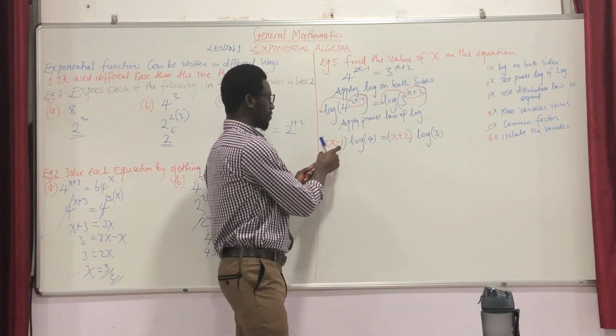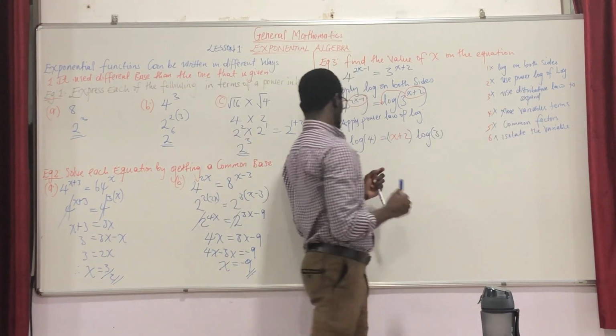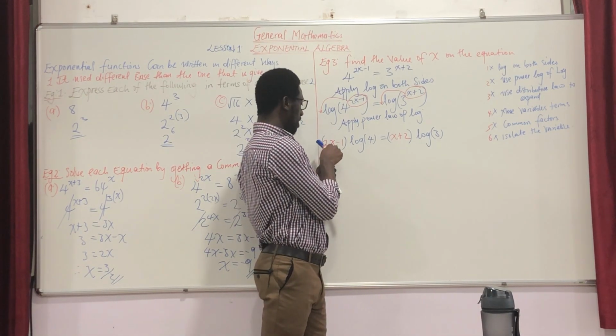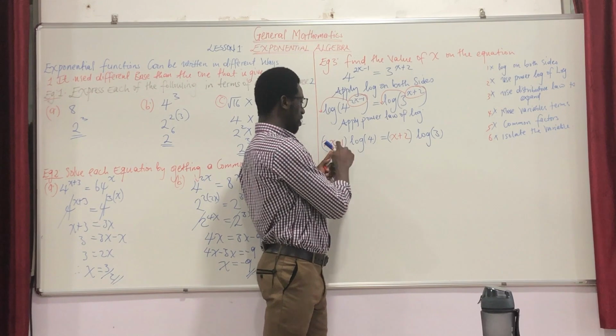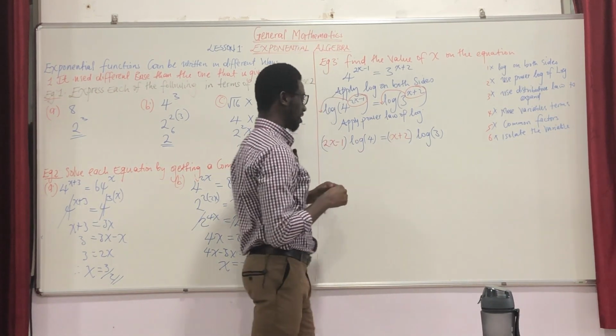So now we try to expand this one. From here, we use the distributive law. So with the distributive law, we take this variable here with a constant, to multiply to this, and we multiply this to this, then we do the same on the right hand side.